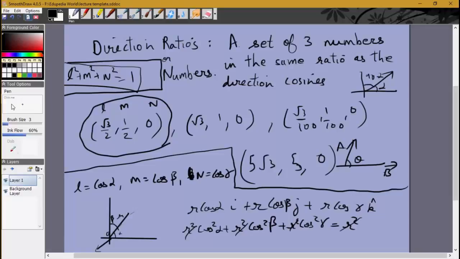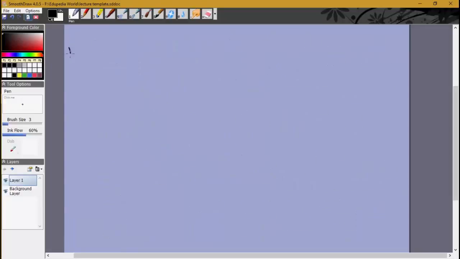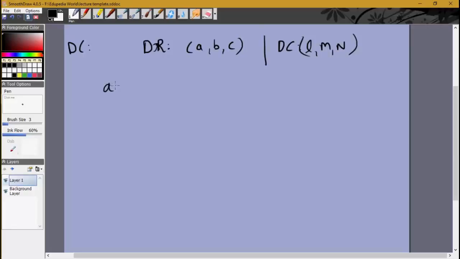From that, what we can do is we can determine the direction cosines from the direction ratios. Let's say the direction ratios are given to us to be A, B and C, and the direction cosines will be, let's say, L, M and N. Then because their ratio will be the same, let's say it's K, we can say that A is equal to LK, B is equal to MK and C is equal to NK.